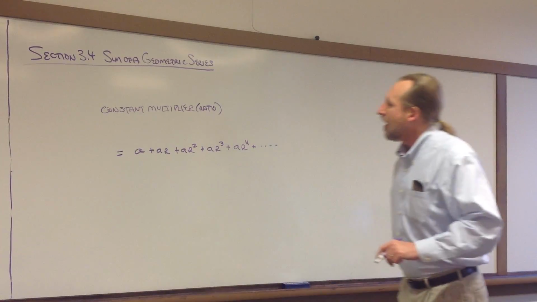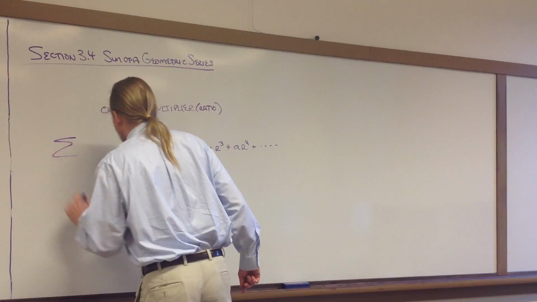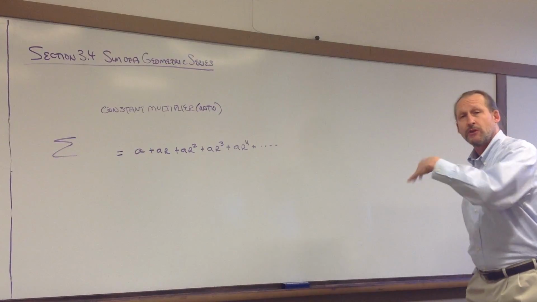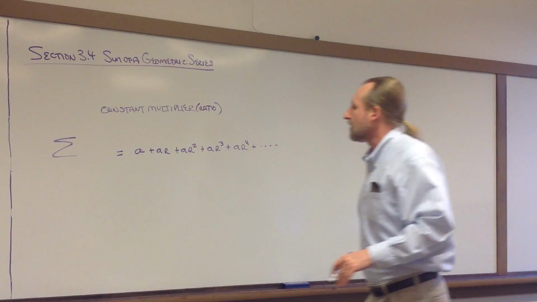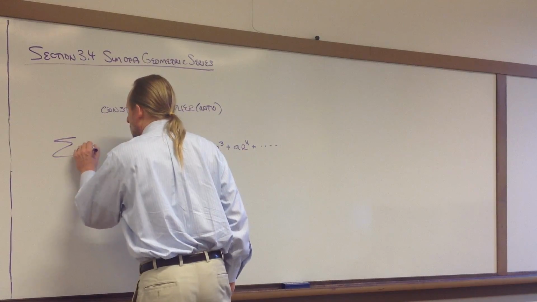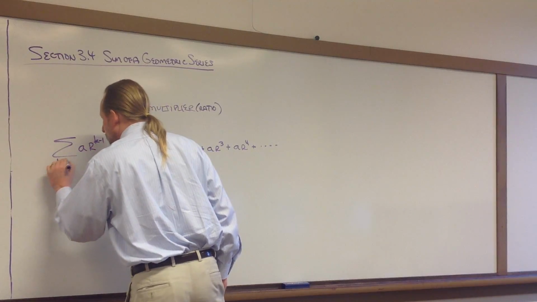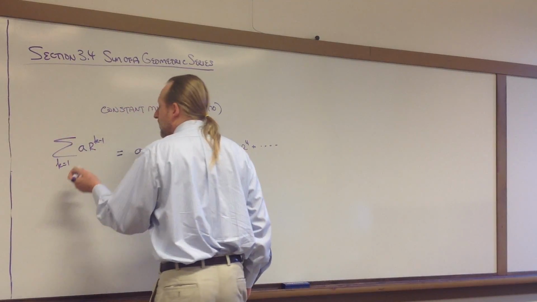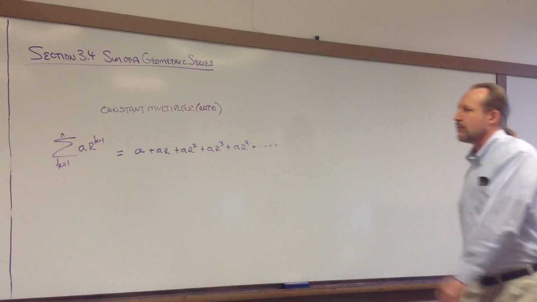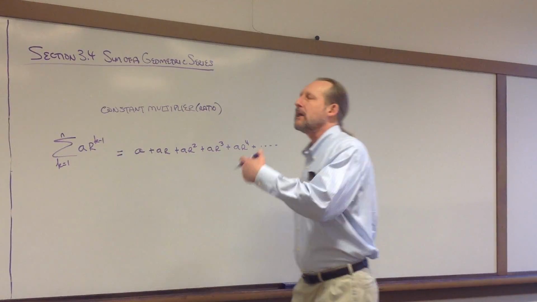All right, so if we want to write this in sigma notation, if you start with 1, the formula will be a little bit different than if you start with 0. I'll put a times r to the k minus 1 if we start k at 1, and then I'll put an n up there. That's what I like to reserve the n for, and that n might be infinity, it might not.